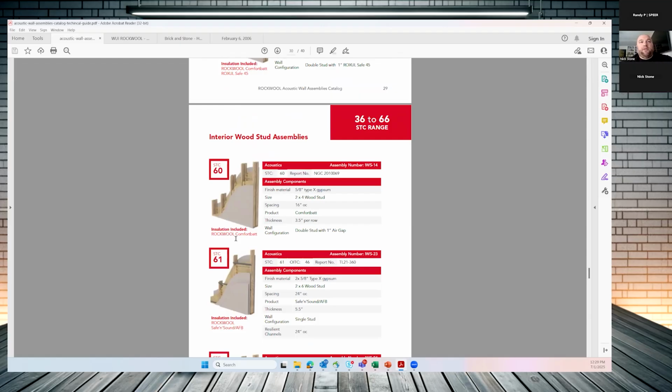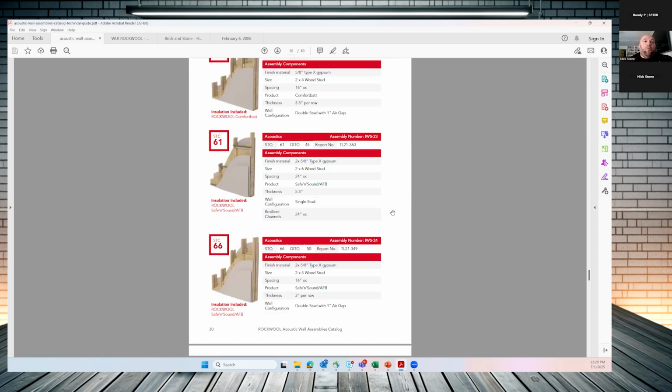Well, now we're going to be moving into the STC 60 realm, where we have a double-studded wall with a 1 inch air gap, with 2x4 on both sides, filled with our sound material. That's really going to up that game. Maybe you're doing a movie theater or a music area within the home, and you really just want absolute quiet. This is a great example of how we can kind of get there.